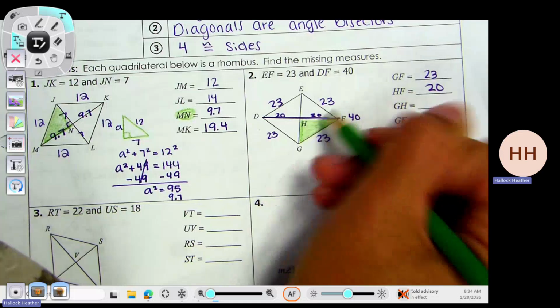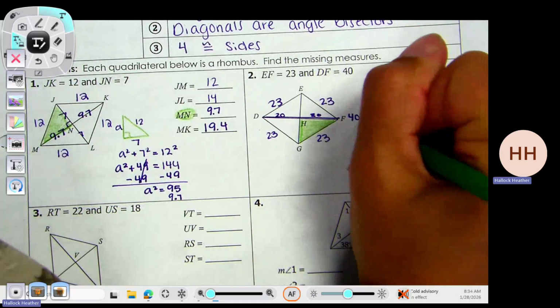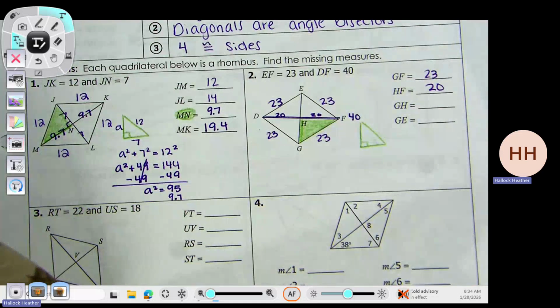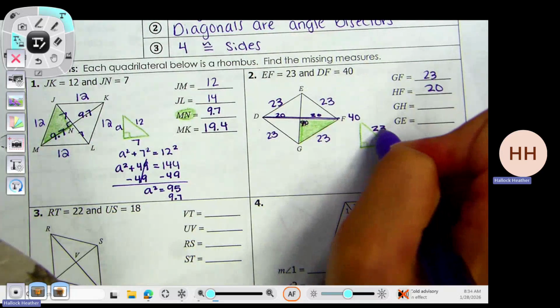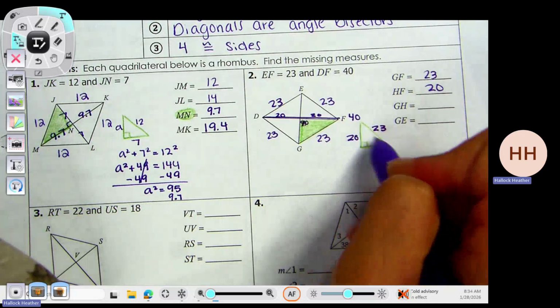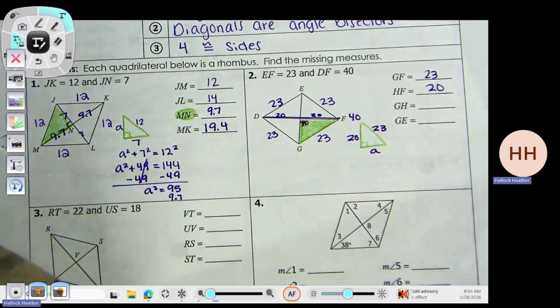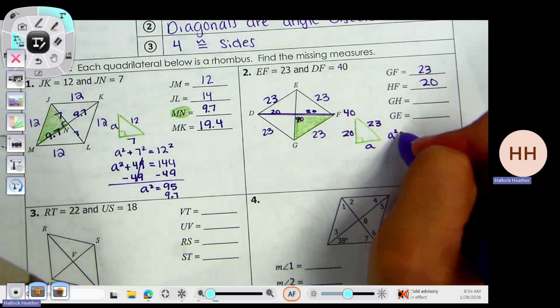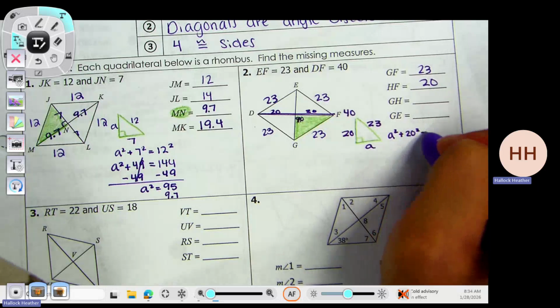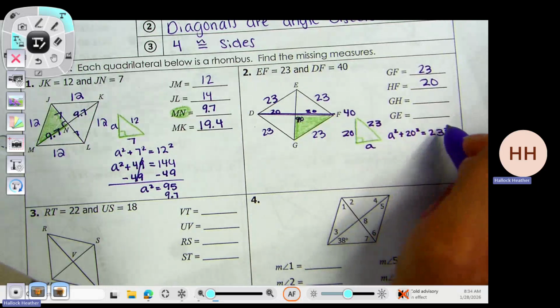Which one is C? 23. Because you have 90 where the H is, and you have 23 here, and 20 is technically the height. We're finding A or B. It doesn't matter which one. We're going to do a squared plus 20 squared equals 23 squared.